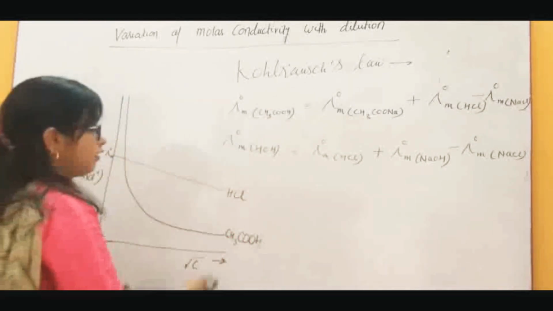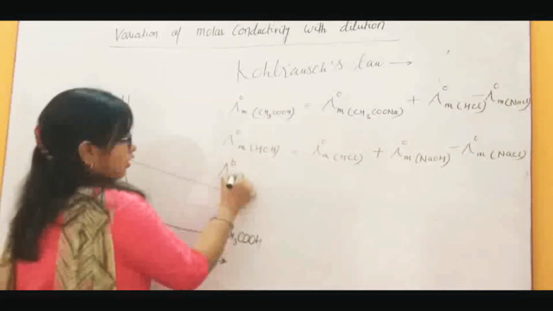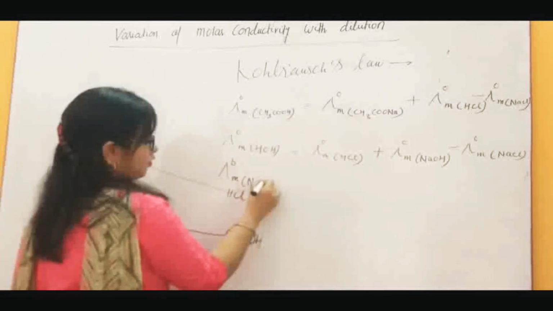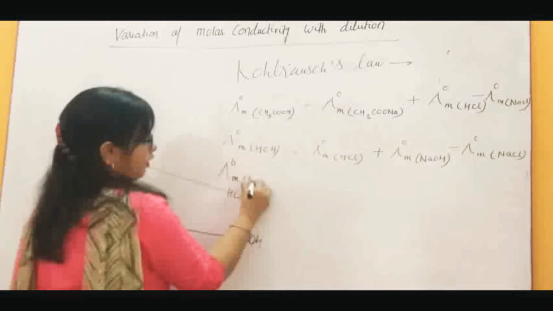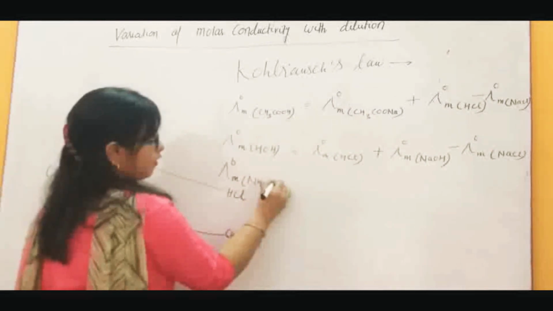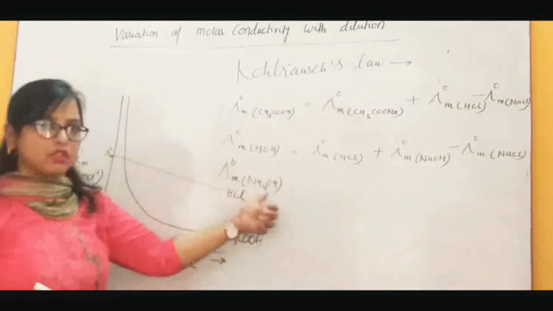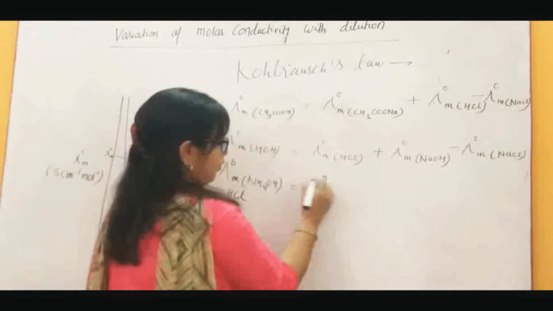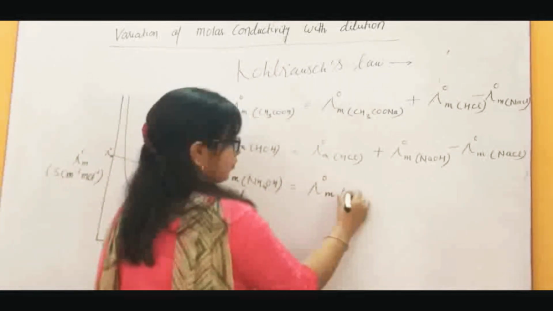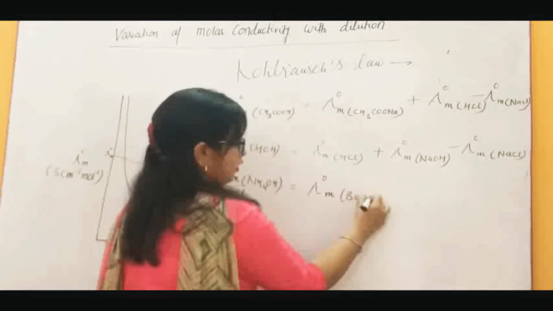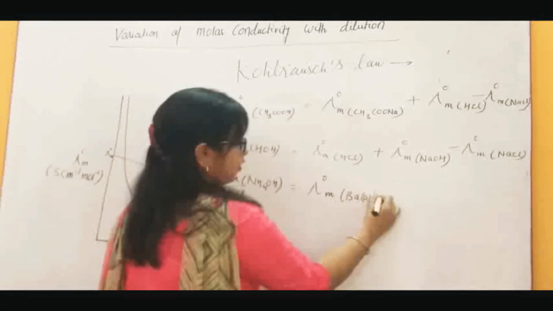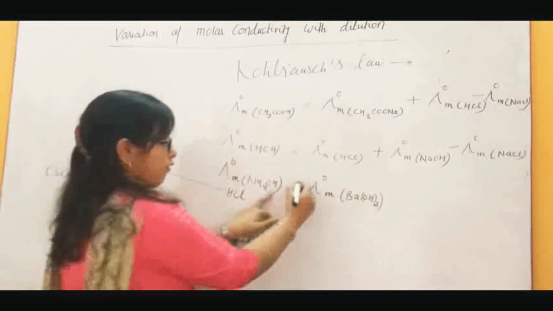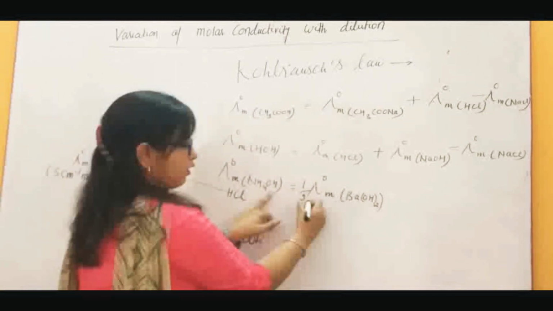Another example. I am taking one electrolyte, NH4OH. For this you are provided with the limiting molar conductivity of barium hydroxide. So I need only one OH, so I will take only its half amount.